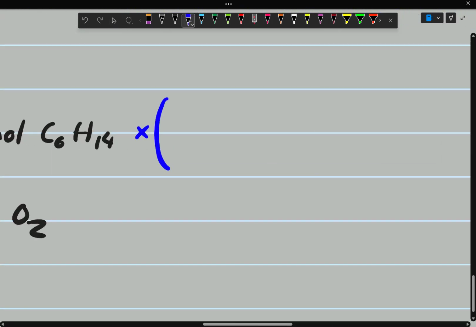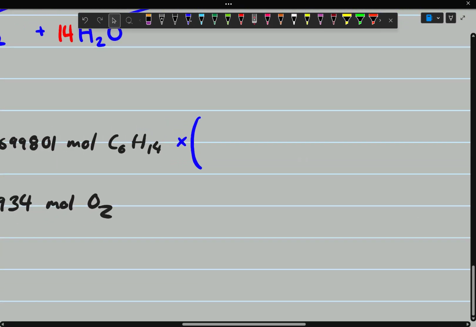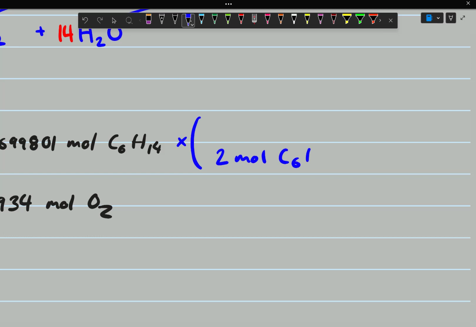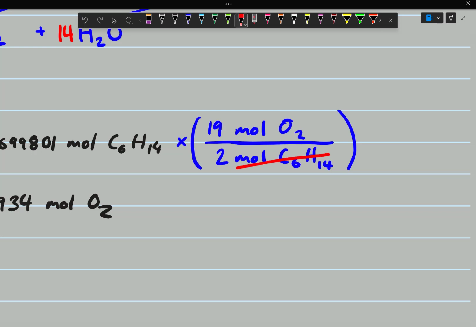So we can write that out as 2 moles of hexane used for every 19 moles of O2. The moles of hexane cancel, and we'll leave you with moles of O2.